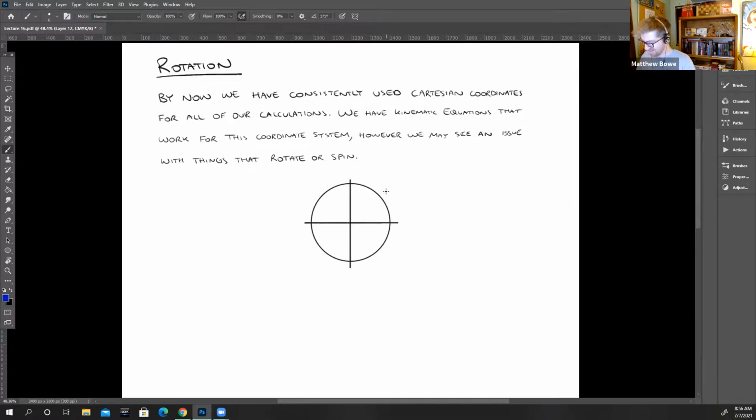Here's a bike tire, and we've lined up the center, the axle, with the center of the coordinate system. That makes it so much easier, but it's still a very difficult problem. So say we just mark a dot somewhere on the edge of this wheel.